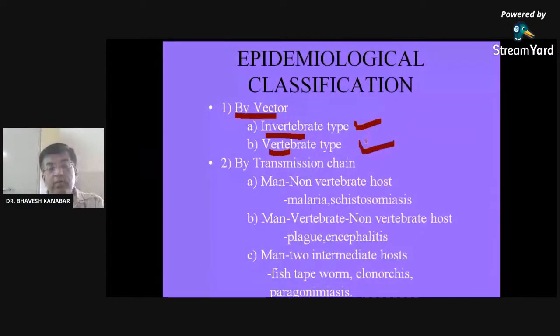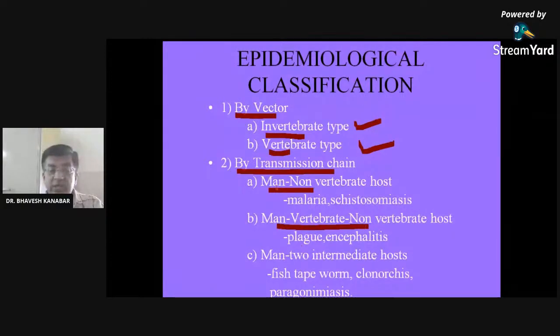So the mosquito and housefly are invertebrate vectors, and there are also vertebrate vectors, like the monkey, which has a vertebral column. By transmission chain, there are main and non-vertebrate hosts, like malaria and schistosomiasis, with a main vertebrate host and a non-vertebrate host, right?